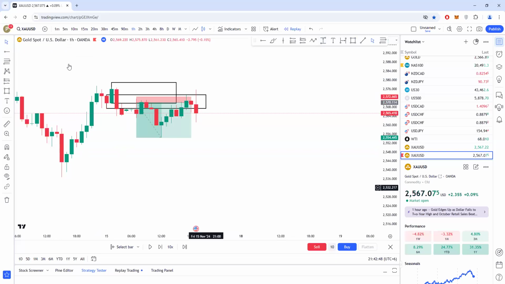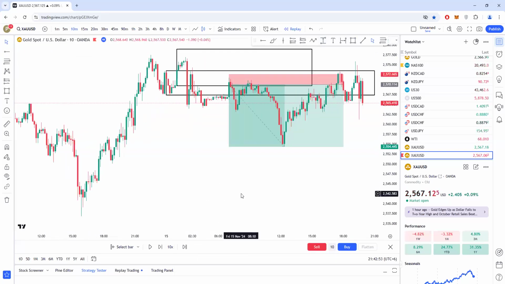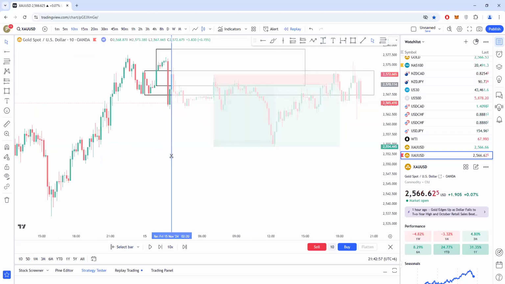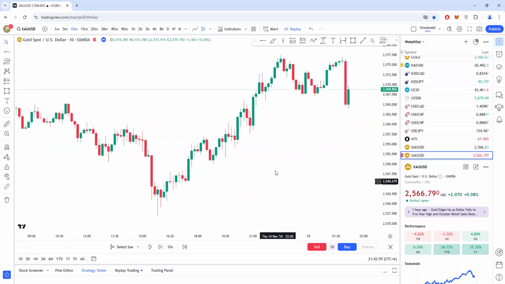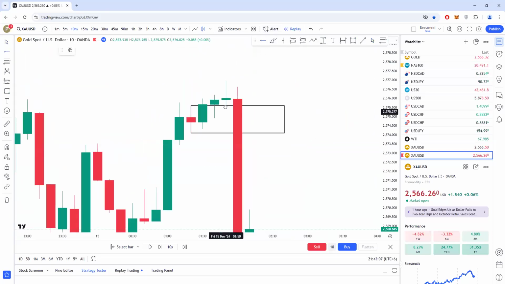If you go to a lower time frame, you will find it a lot. I can show you this particular example also. We have this engulfing buy with a very tiny overlapping here.